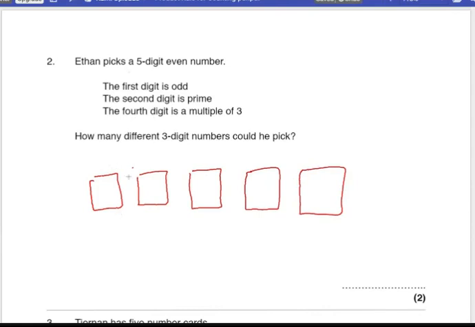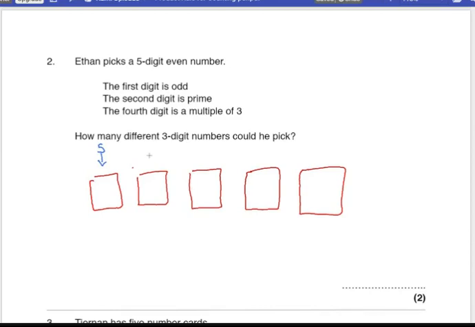So with the first digit, how many possible numbers can we put? 5. Yep. The numbers are 1, 3, 5, 7, 9. Yeah, that's good. The second digit, 4.